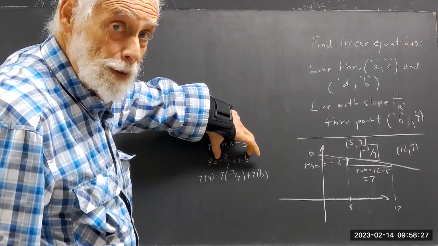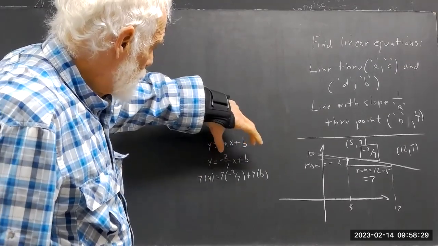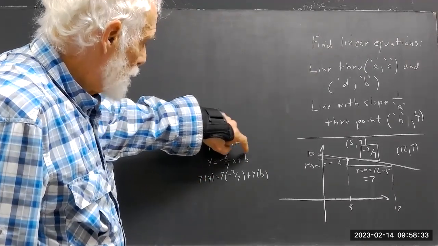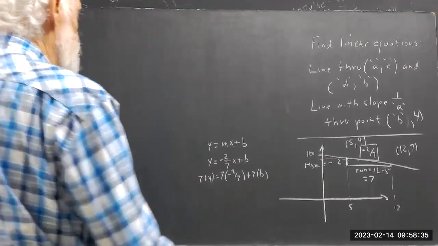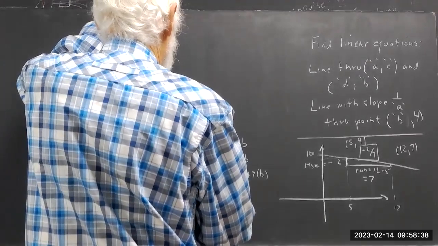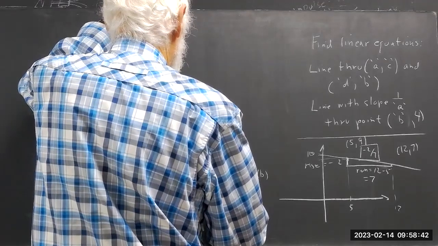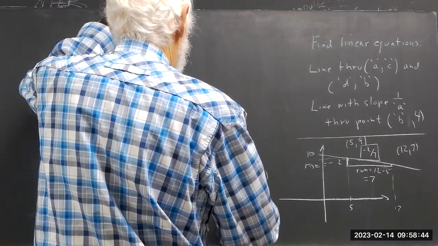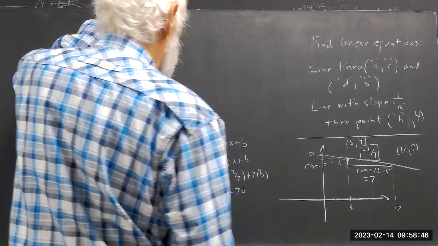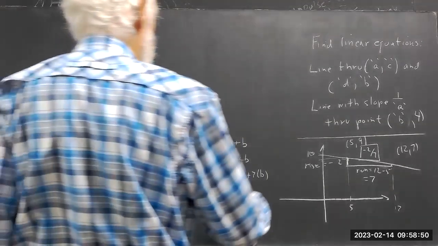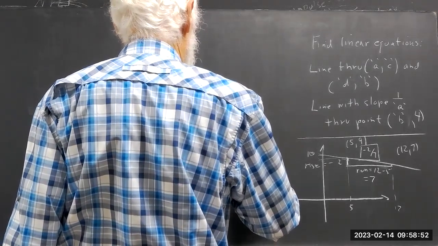I didn't write it out that way. But then you distribute: 7 times this plus 7 times this. So you get 7y equals -2x plus 7b.